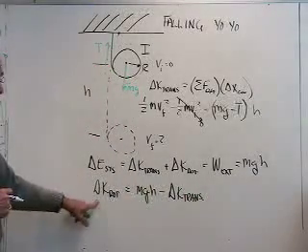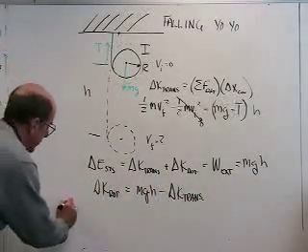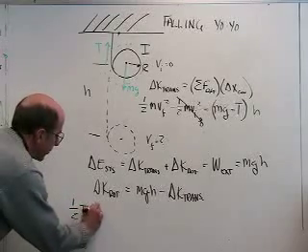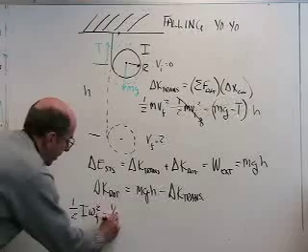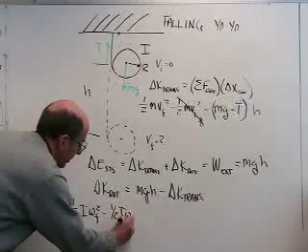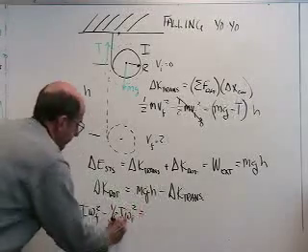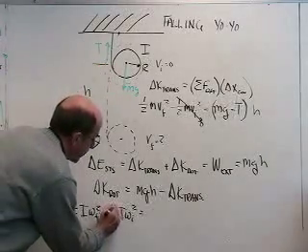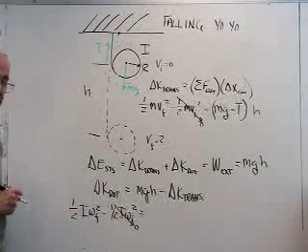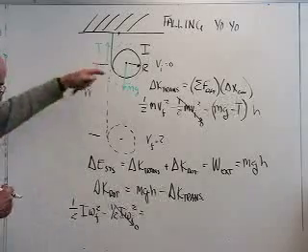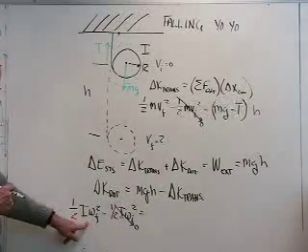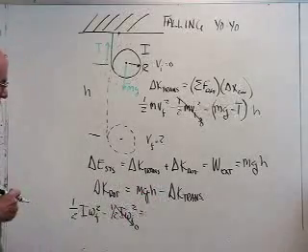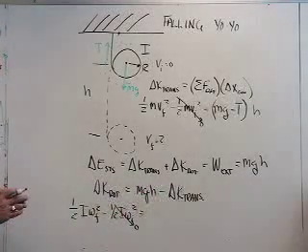The change in the rotational kinetic energy is just going to be equal to 1/2 I omega final squared minus 1/2 I omega initial squared. Okay. We started off without this rotating, so the initial omega for the yo-yo was 0, and so we get 1/2 I omega final squared is equal to mgh minus delta K translational.